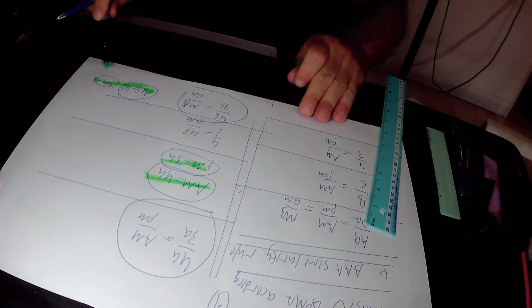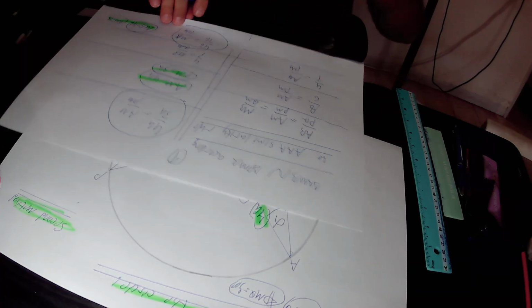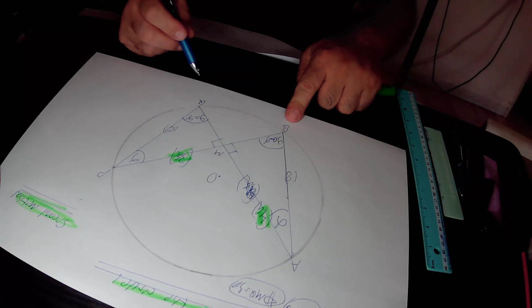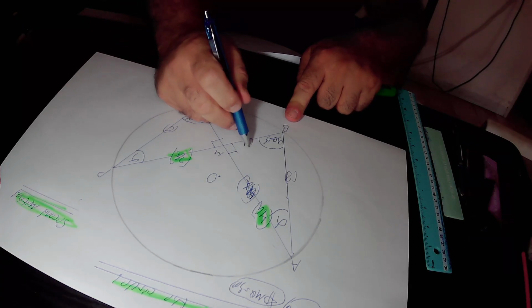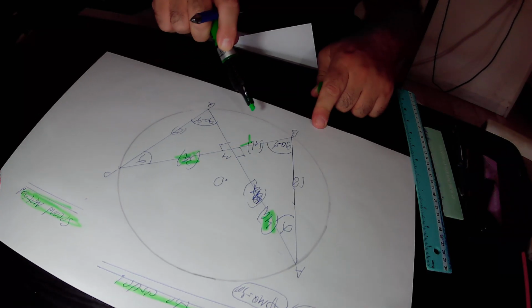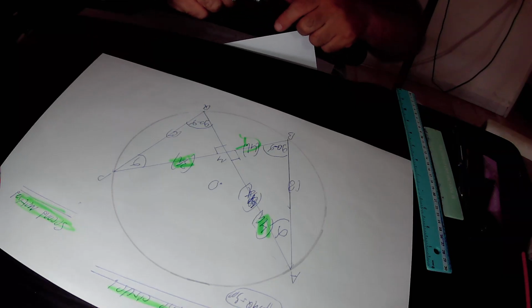So at this time we found out that if MB equals 4B, then QM must be equal to 3B.